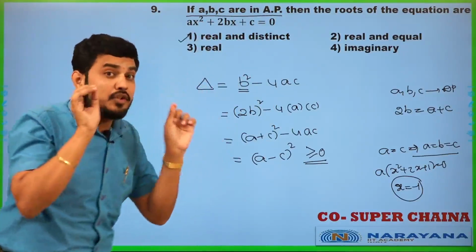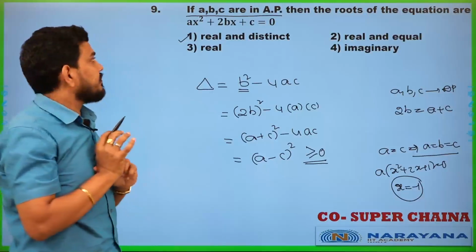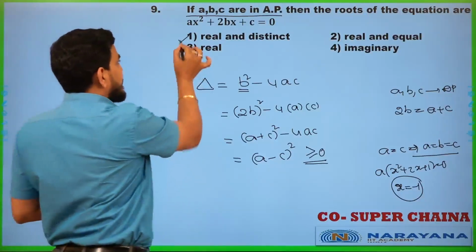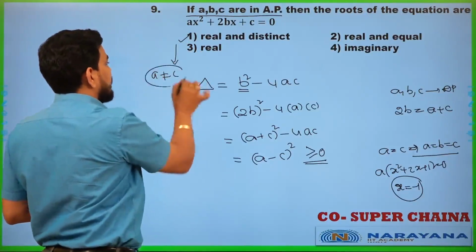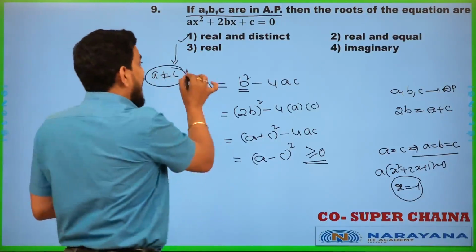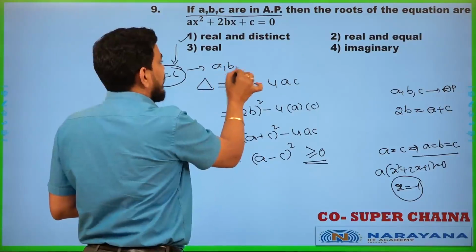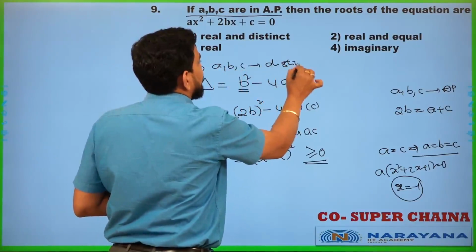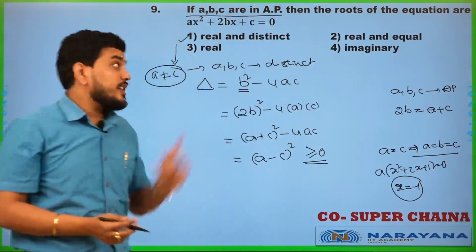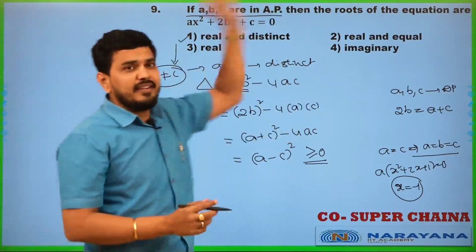So here you need to answer carefully. If a is not equal to c, meaning a, b, c are distinct, I will mark real and distinct.